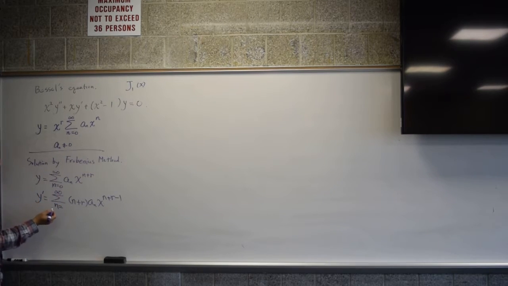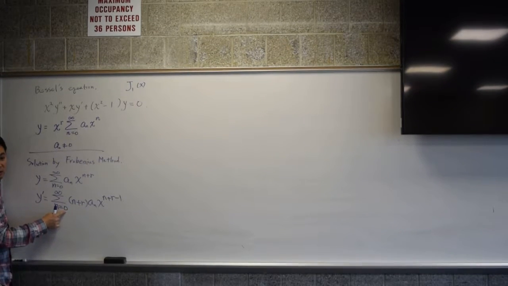Now, for Frobenius method, for a power series, we always start with 1, right? But Frobenius method, you start from 0 still. Now, why is that? Well, if n is equal to 0, n plus r is not guaranteed to be 0. So you can no longer say that we can throw away the very first term. In most cases, it's not going to be 0. So n equals 0 would be what we need. Again, differentiate.